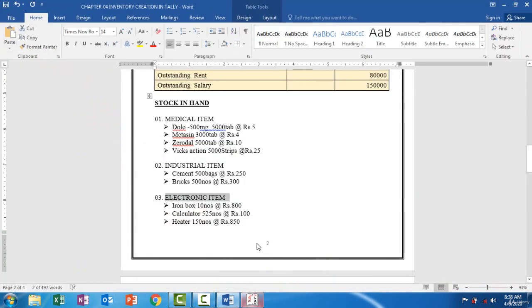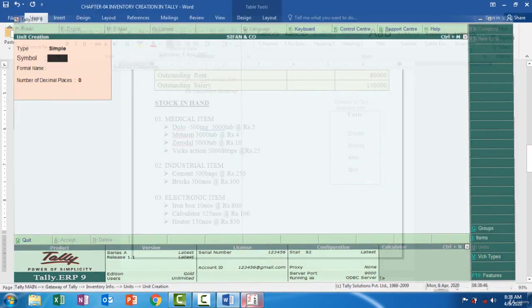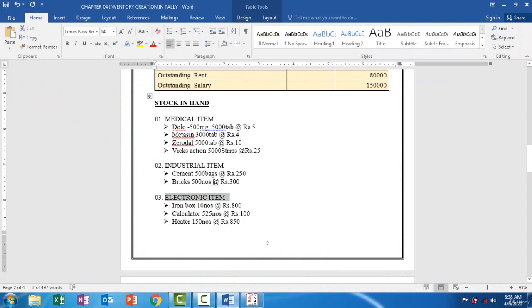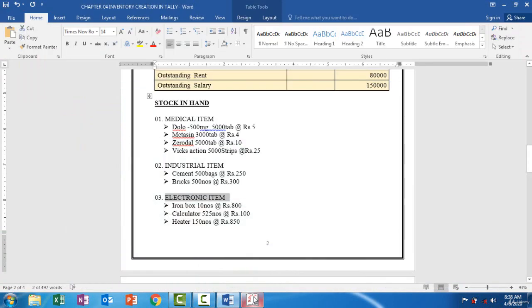So the next one is strips, so I'm going to type strips, and the formal name also strip, 0. Okay, so the next one is bags, so I'm going to type the measurement bags, the formal name bag, 0, yes.